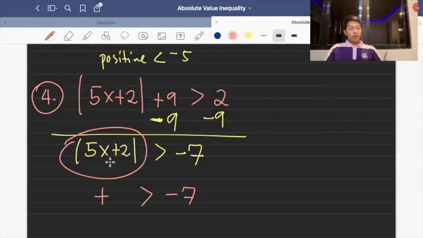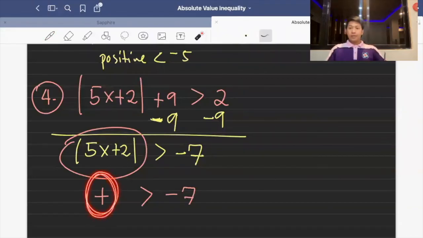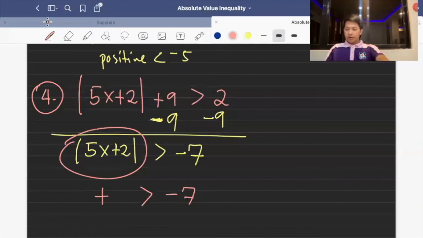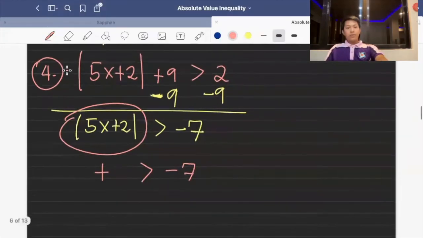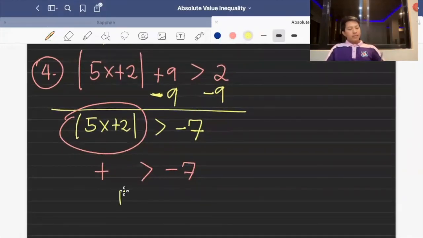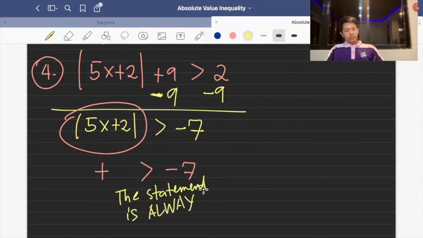Positive will always be greater than any negative number, including negative 7. So in this case, we say that the statement is always true.